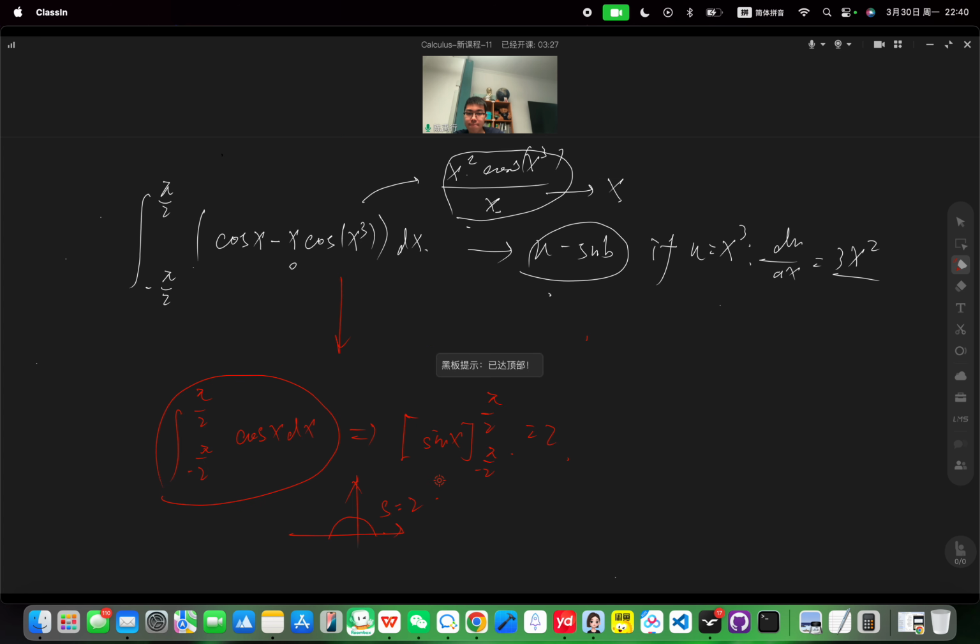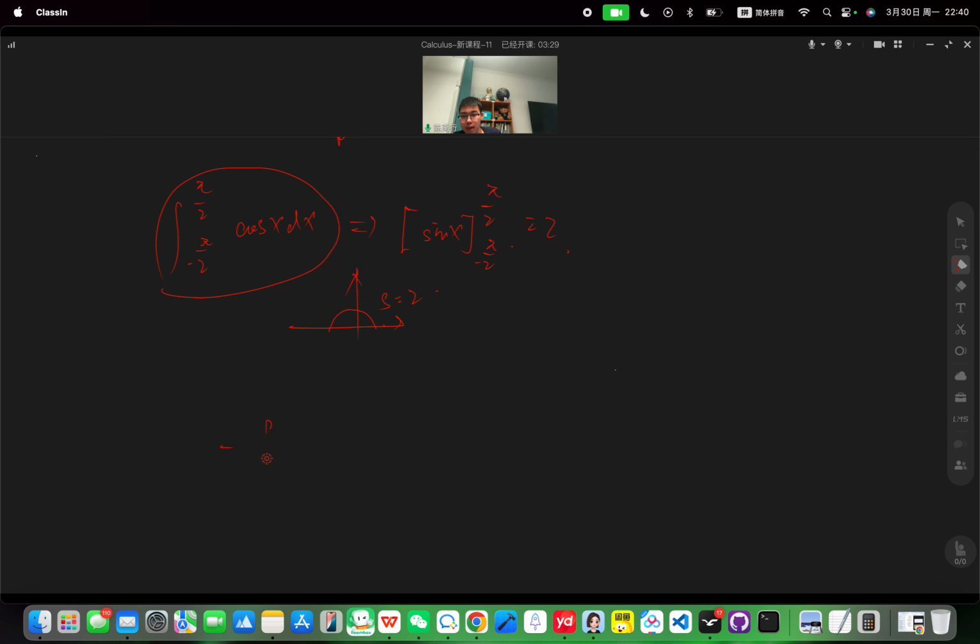And the second integral is from negative pi over 2 to pi over 2 of x times cosine x cubed dx.